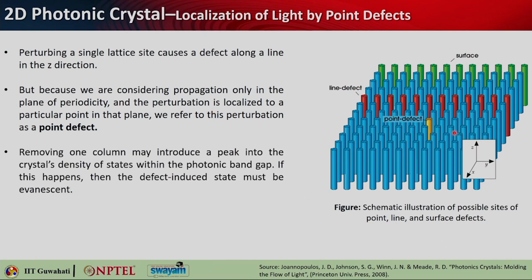Now, removing one column may introduce a peak into the crystal's density of states within the photonic band gap. If this happens, then the defect induced state must be evanescent.